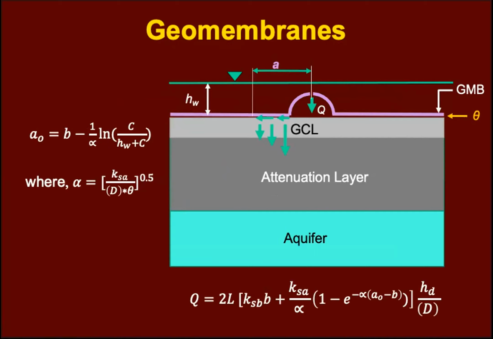In addition, if you look at the leakage equation Q, this wetted distance is a function of the amount of leakage that will develop beneath the wrinkle. So this is how advective transport develops beneath the wrinkle, even if we have composite liners present.